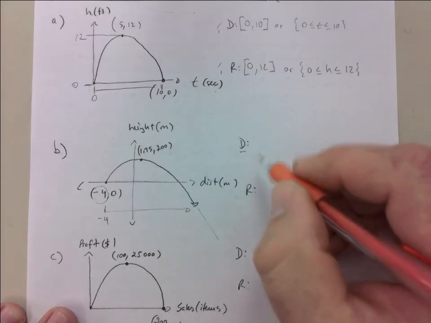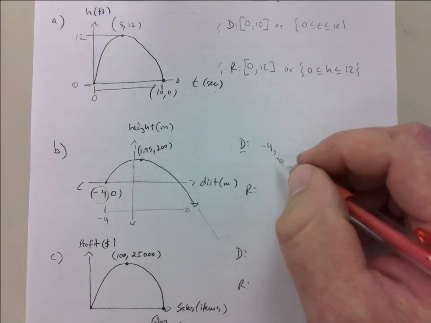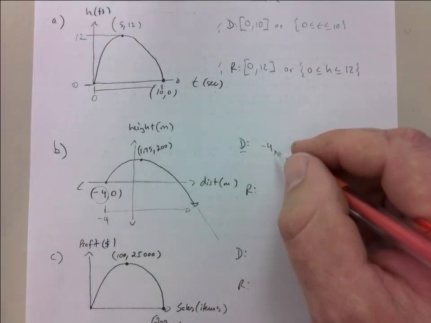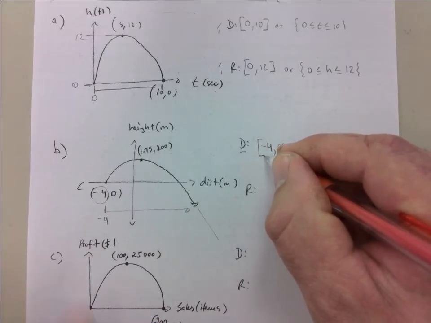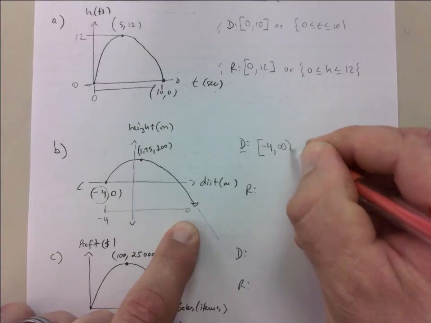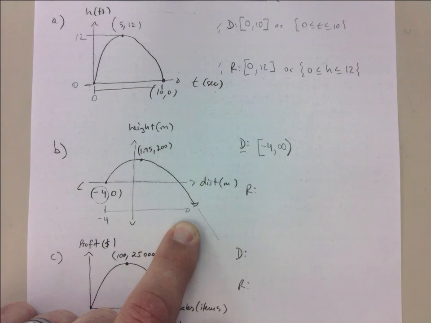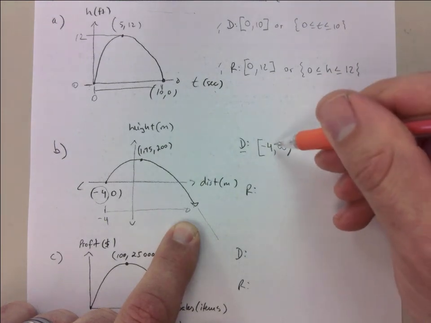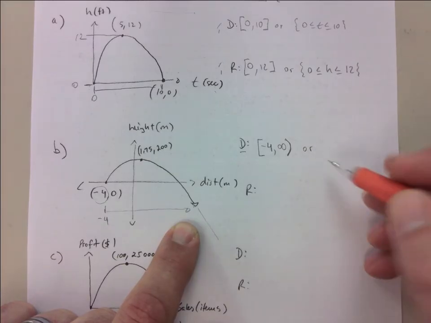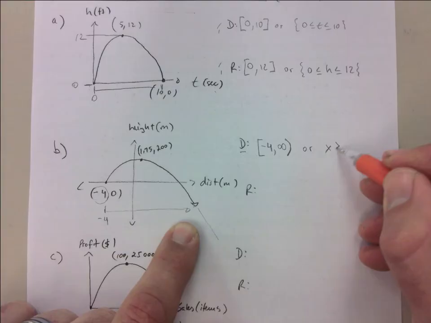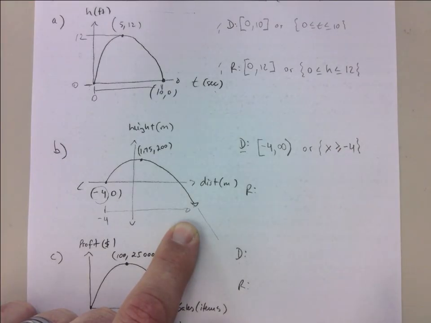So for the domain, it always goes from left to right, from -4, with a round bracket there. That's important. If you miss that round bracket, we take off half. Half is for whatever's inside, half is for the correct brackets. Or you would go x is greater than or equal to -4. That is your set notation in that case.